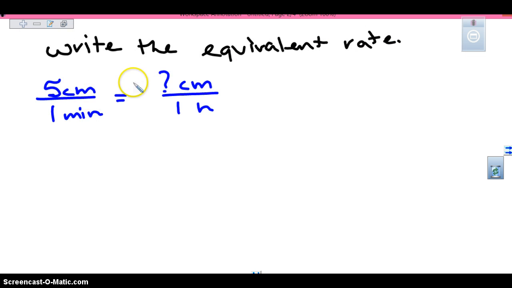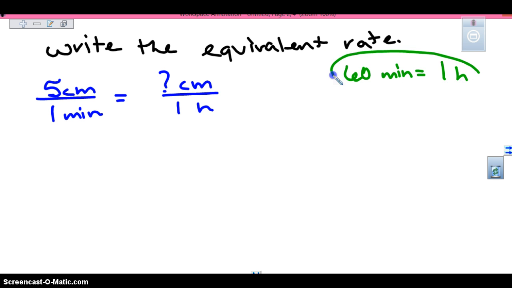If we have to write the equivalent rate, and we have 5 centimeters per minute equals how many centimeters per hour? So what are we trying to change? Minutes to hours. There are 60 minutes in 1 hour. This will be our conversion factor.